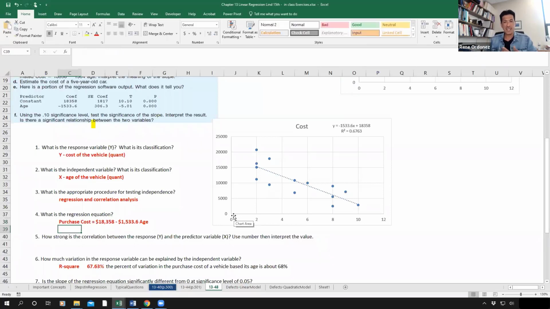All right, meaning for each additional year that a vehicle gets older, its estimated purchase cost will decline by about $1,533.6 per year on average.